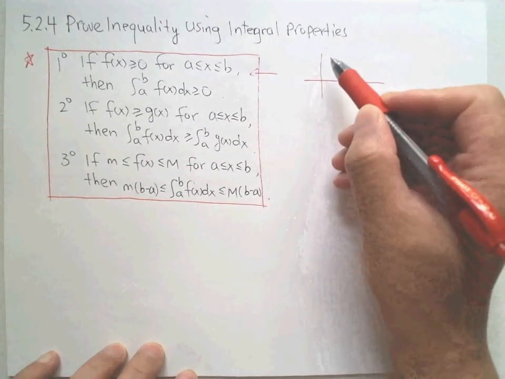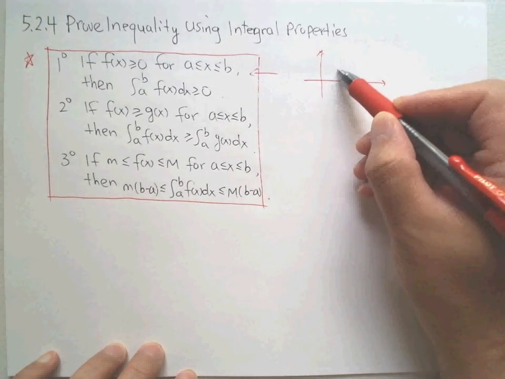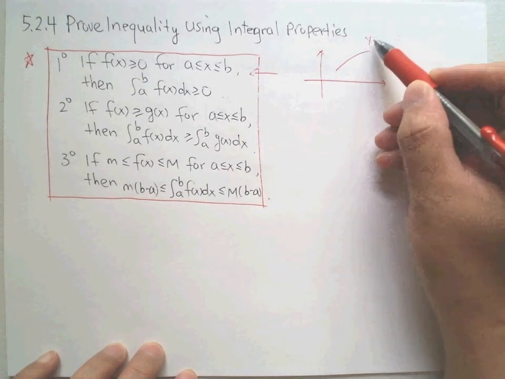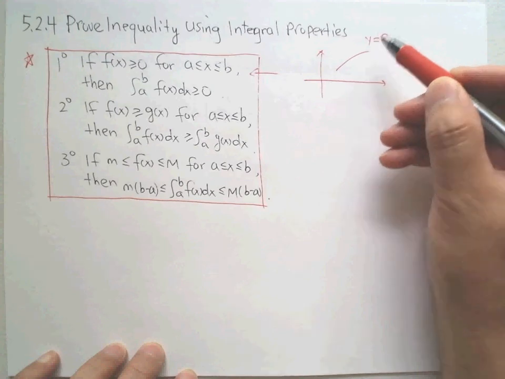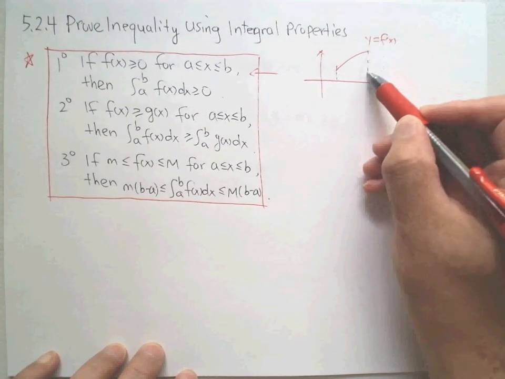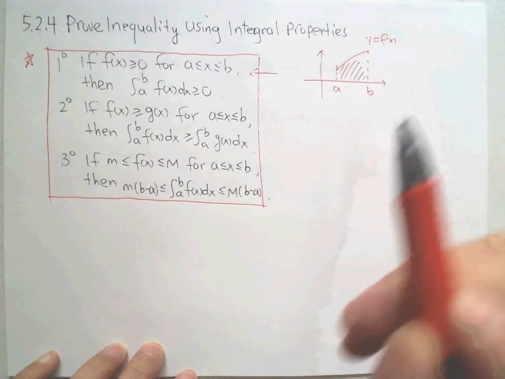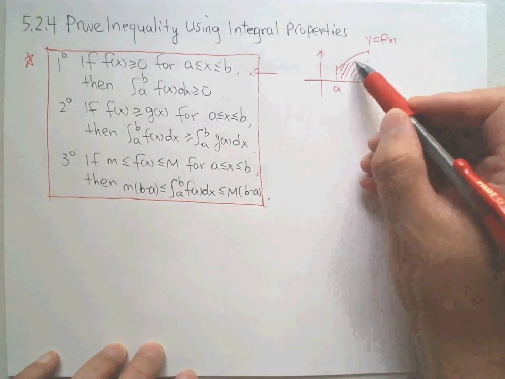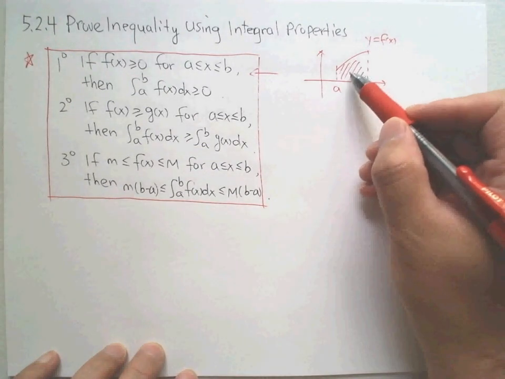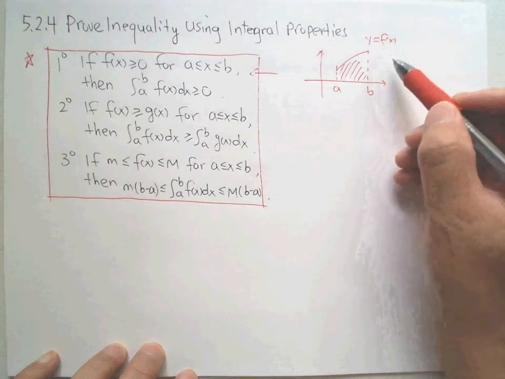If this is a non-negative function, y equals f(x) greater than or equal to 0, from a to b, see, where is the integral? So this area is the integral, because everything is above the x-axis, so definitely it is positive, right?